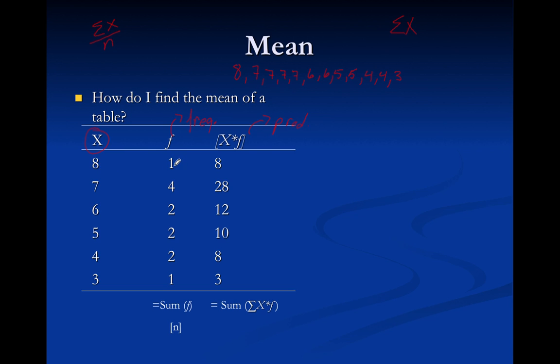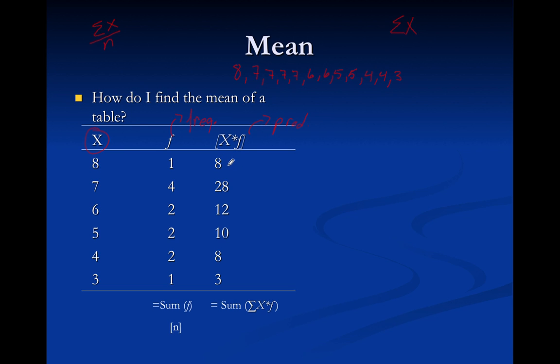So I'm not really adding 8 plus 7, I'm adding 8 plus 28, because 7 occurred 4 times. So 7 plus 7 is 14, plus 14 is 28. So all I've done here, just to save us a little bit of time, is multiply these values to give us new product terms.